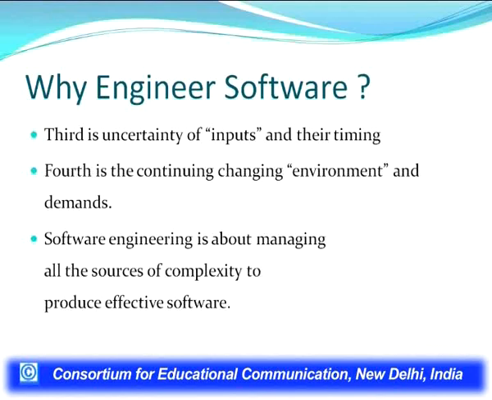Now imagine, as we have just discussed, complexity is not the only thing. There are many uncertainties, an environment, and demands, and ultimately a good software needs to be produced. The ultimate thing is that the requirements need to be fulfilled. So discussing all these areas is covered in software engineering.